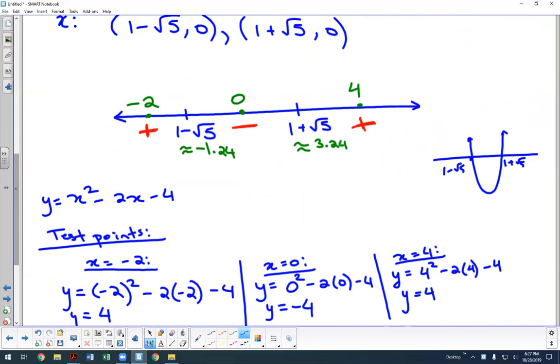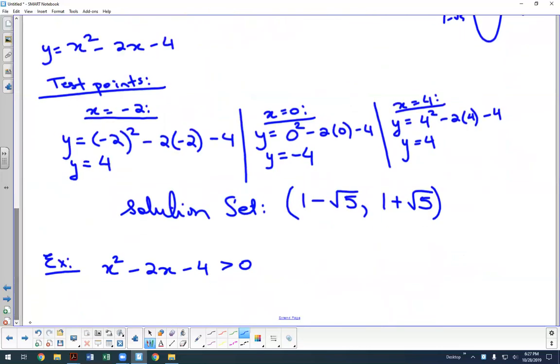Negative infinity to 1 minus square root of 5, and then union, 1 plus square root of 5 to infinity.